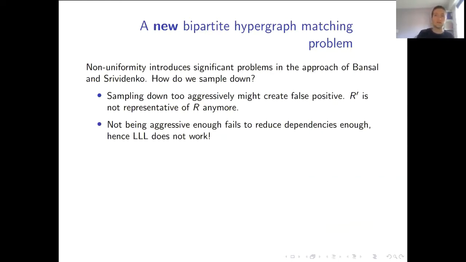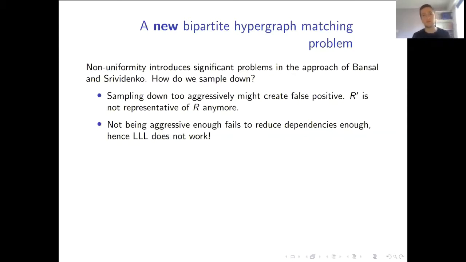They need the size of hyperedges in the sampled down resource set to be roughly log n, to maintain low dependencies, and also the smaller resource set has to be representative enough of the bigger one.